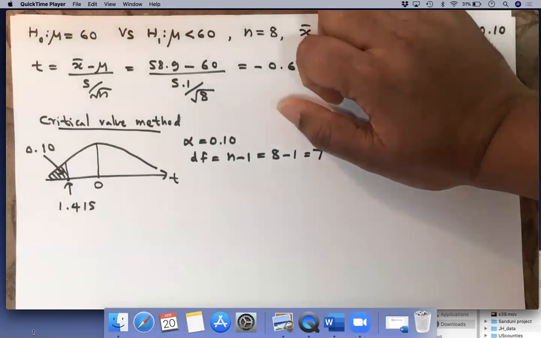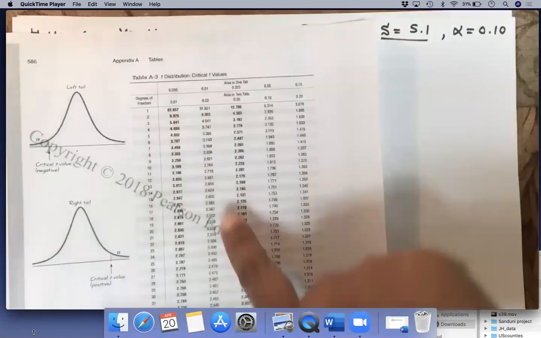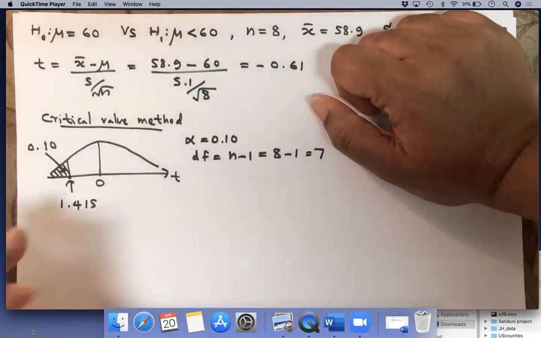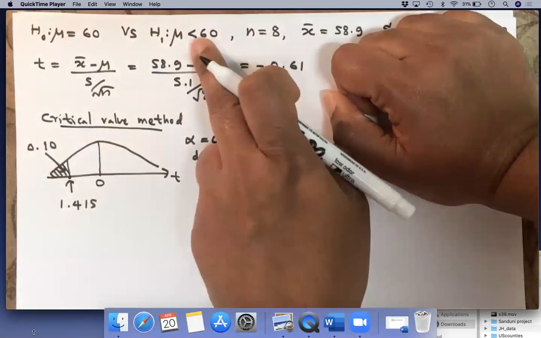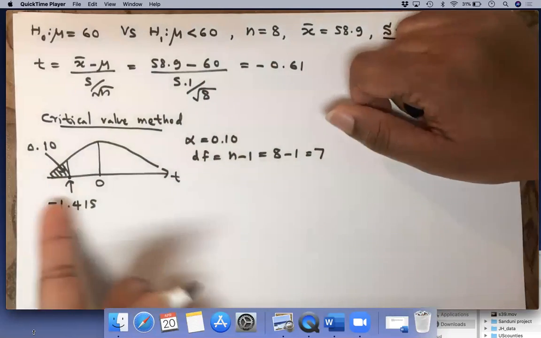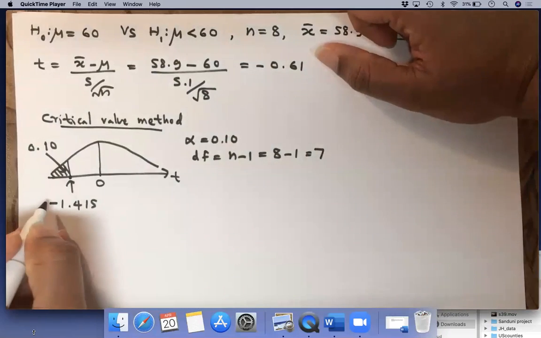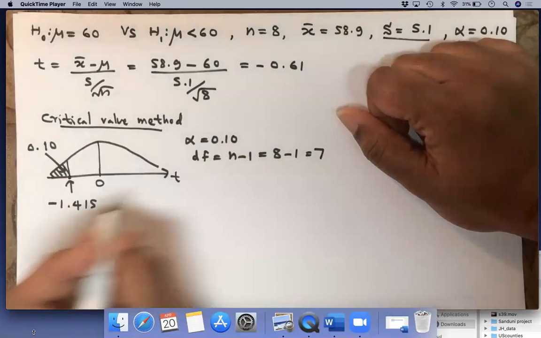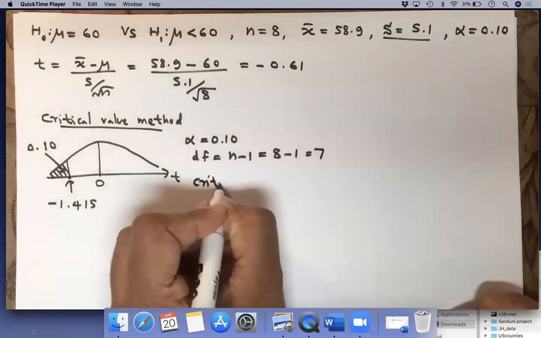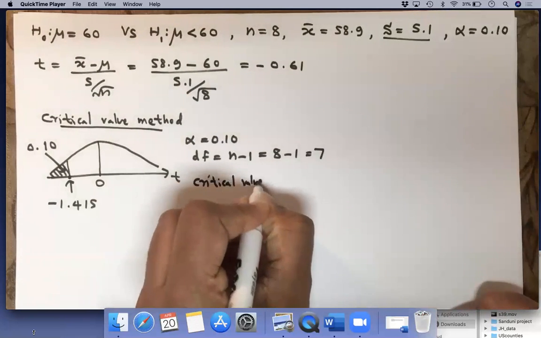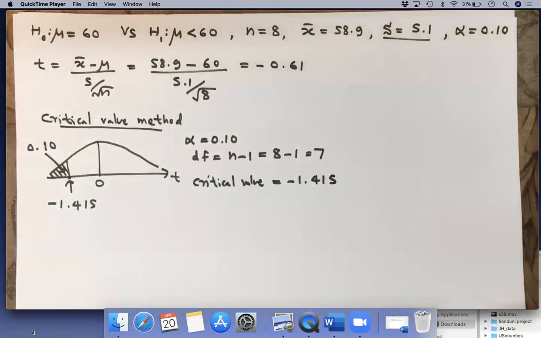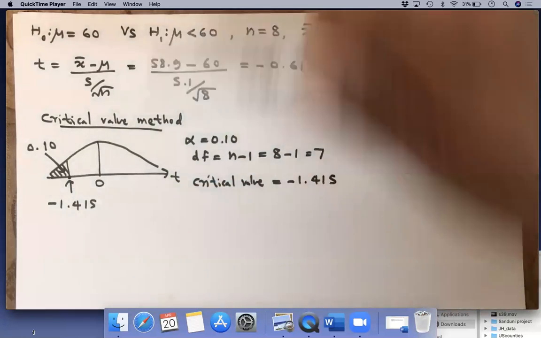This is the value we got from the table, but remember the table gives only positive values. Here it's a negative value because we have a left tail test, so put a negative mark, minus. Now this is my t critical value. So what is our critical value? It's negative 1.415.